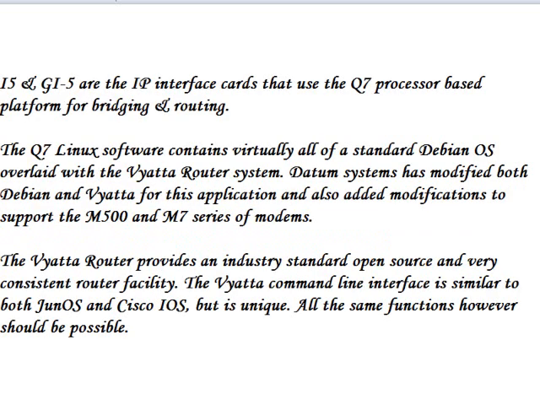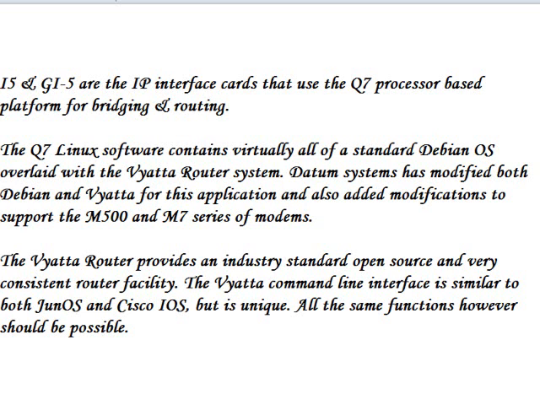The I5 and GI5 are the IP interface cards that use the Q7 processor based platform for bridging and routing. The Q7 Linux software contains virtually all of a standard Debian OS overlaid with the Vyatta router system.